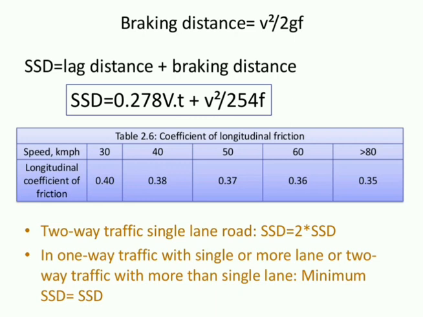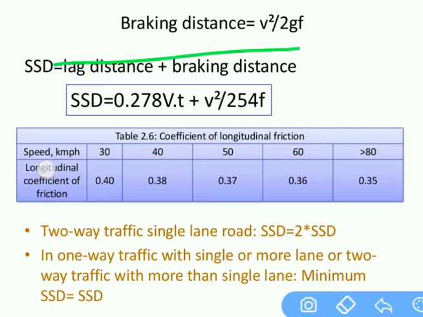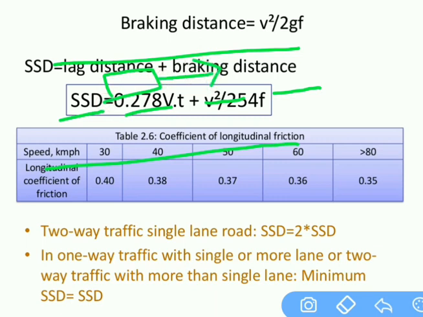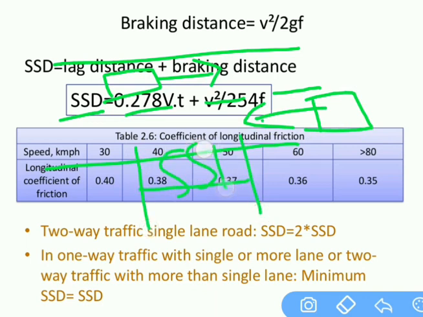Next, for example, this is the road. This is one lane, with two-way traffic. Then what is the SSD value here? For this vehicle this is one SSD value, and for this vehicle this is the SSD.